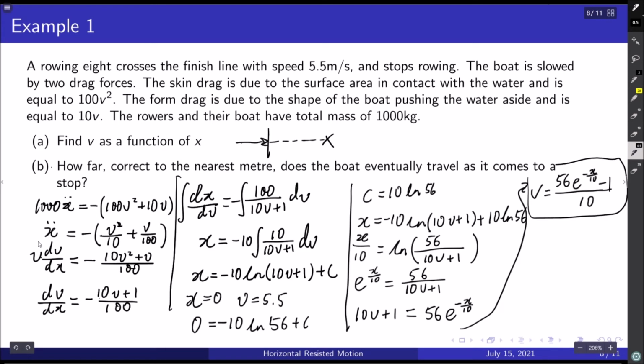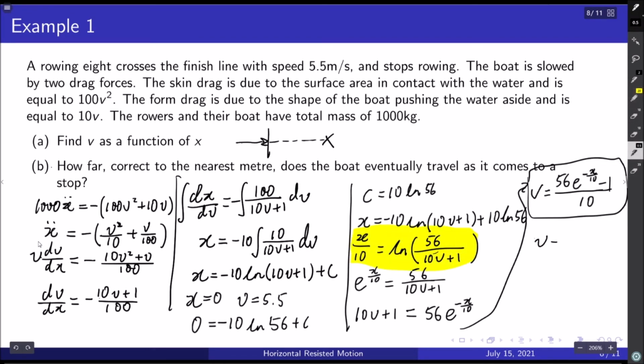So that's our function. Now, how far, correct to the nearest meter, does the boat eventually travel as it comes to a stop? Well, we can just use the relationship here, can't we? Because what we're after is when v comes to 0.